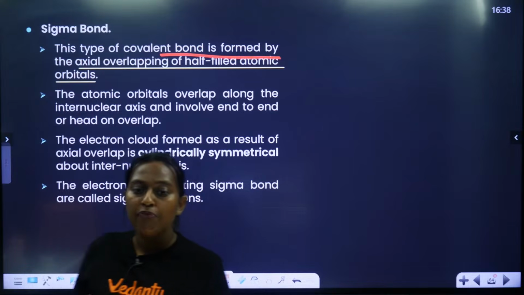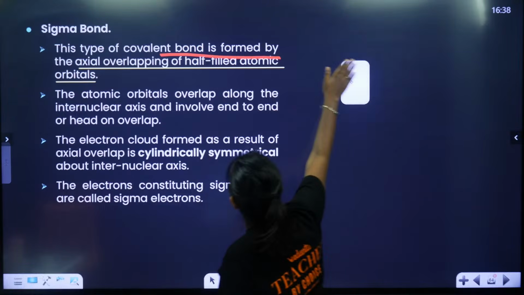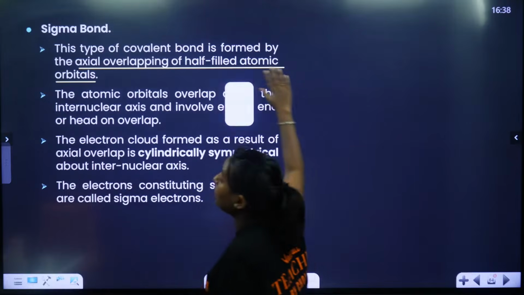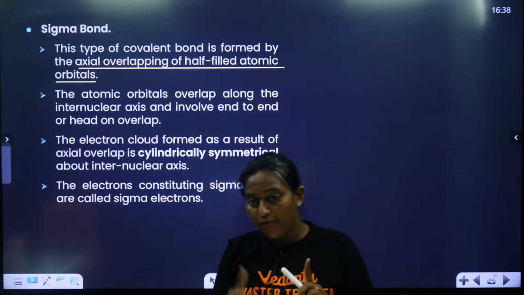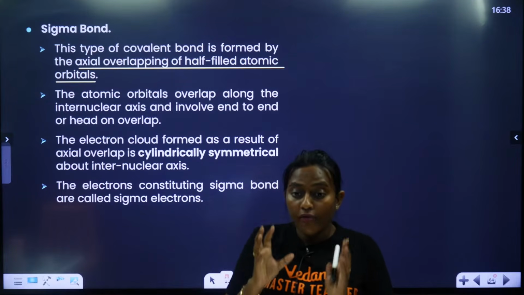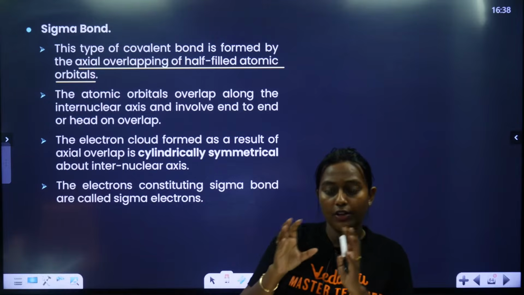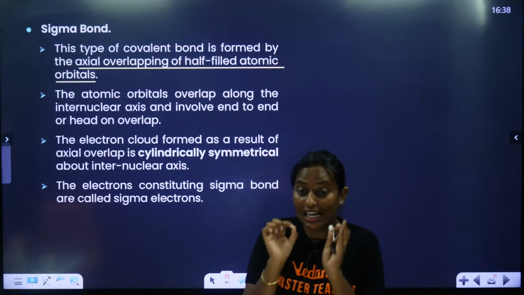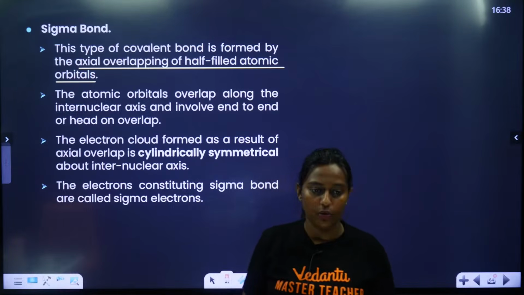Axial overlapping is half-filled atomic orbital with half-filled atomic orbital.